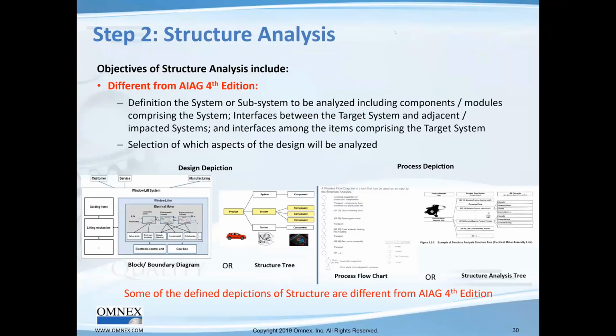And in the Process FMEA, I know you can't see it, but we'll just tell you, there's a structure analysis tree, which is the flow chart. Process flow is actually right here. This is the example of a process flow they did really for Omnex, who has worked with this for a long time.